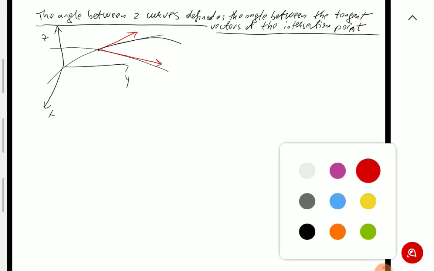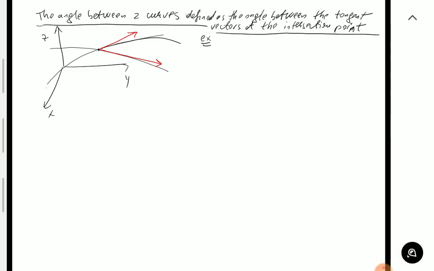So I'm going to write an example right away, right? The two curves in question, let's call them R1 and R2, but I'm going to use a different parameter for both of them, and you will see in a moment why that's the case.